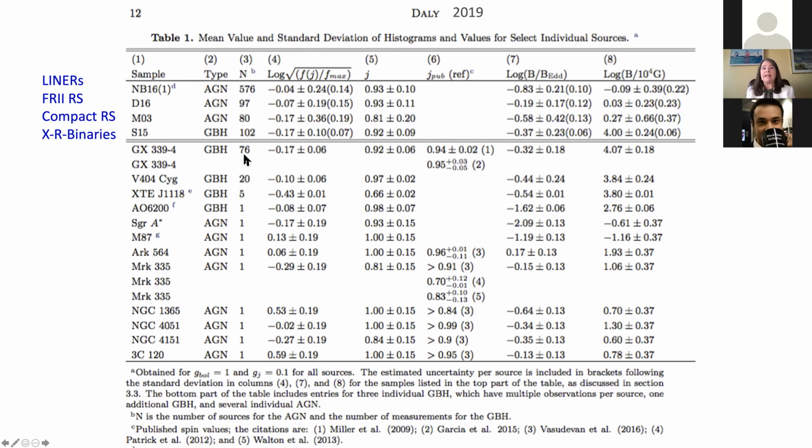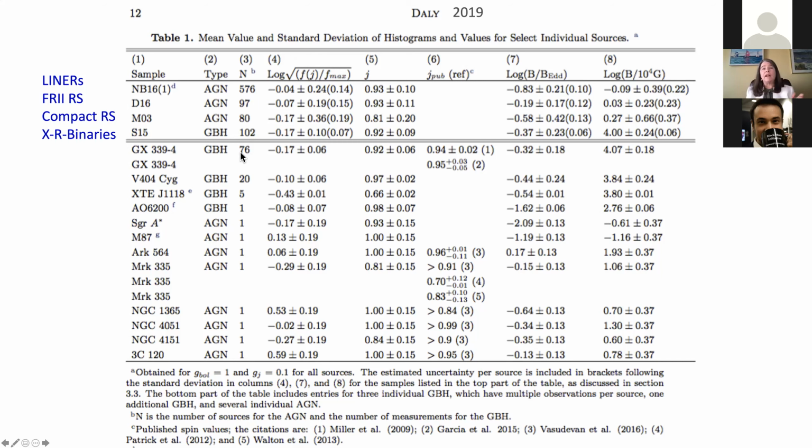There were 76 simultaneous values for this source. So I was able to get 76 measures, possibly not independent, of the spin, the accretion disk field strength in Eddington units, and the field strength in physical units.